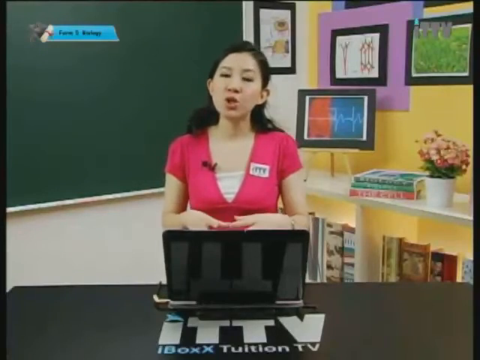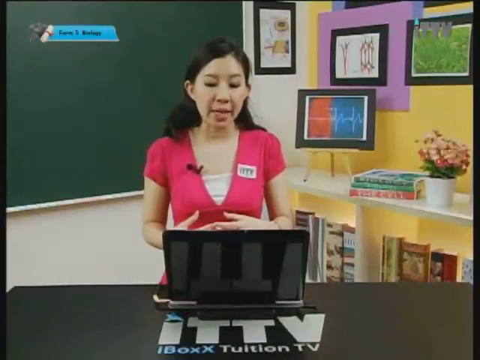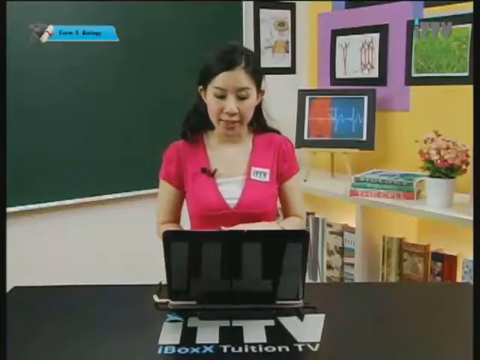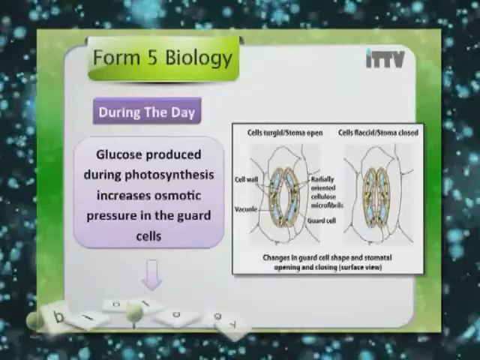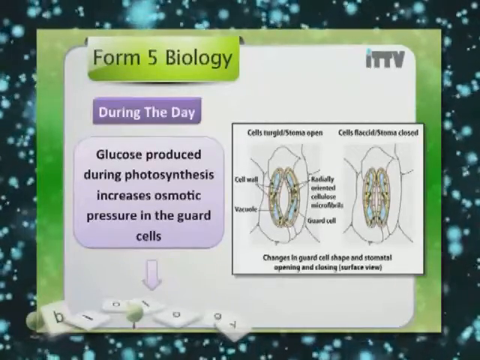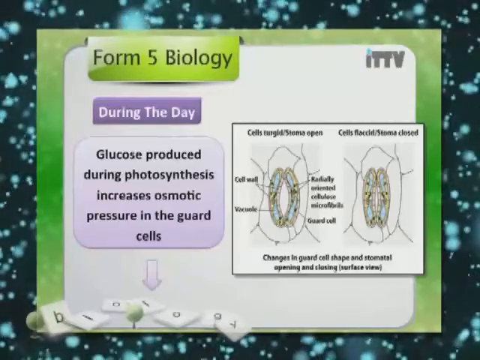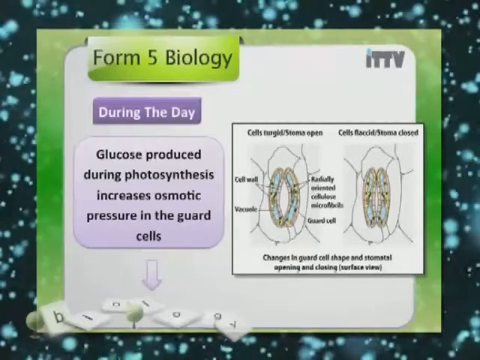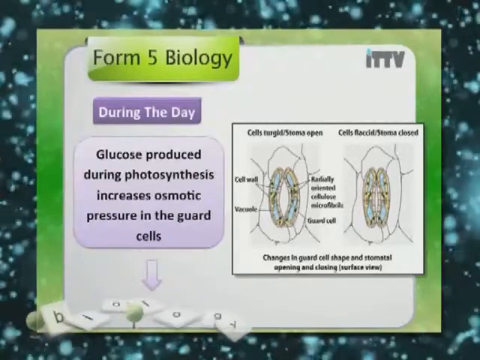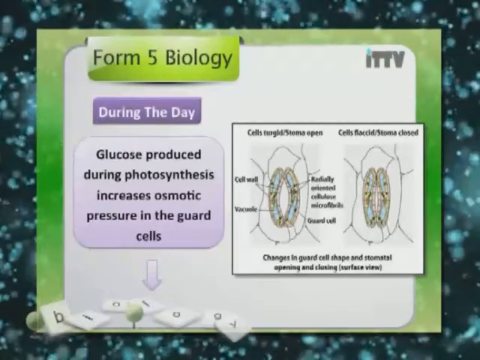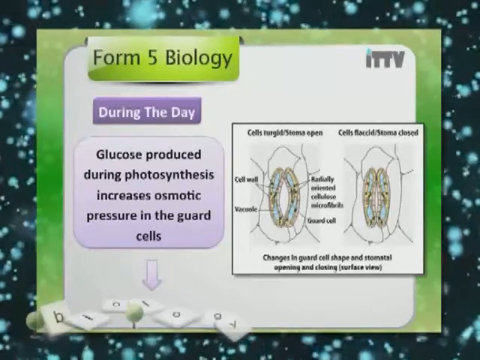So let's see how the stomata opens during the day. What is the sequence of events? Glucose produced during photosynthesis increases osmotic pressure in the guard cells, because the guard cells also produce glucose during the day as they have a lot of chloroplasts.